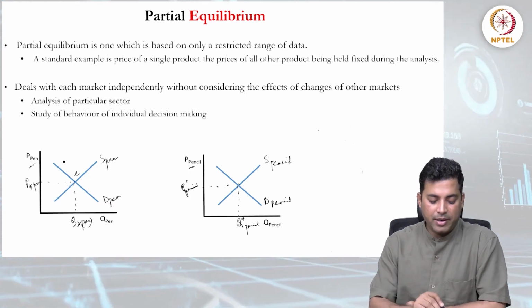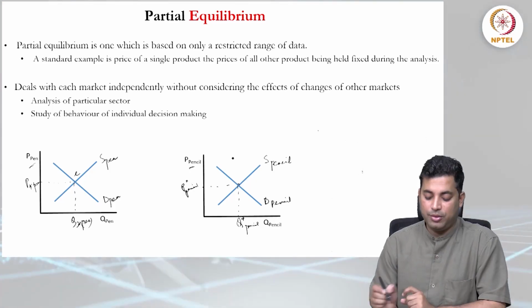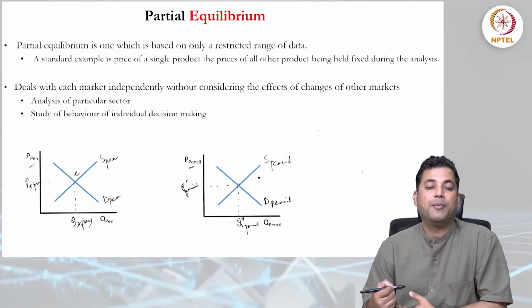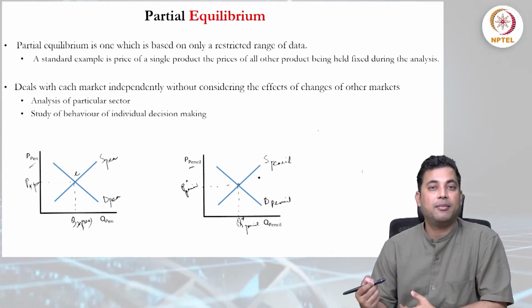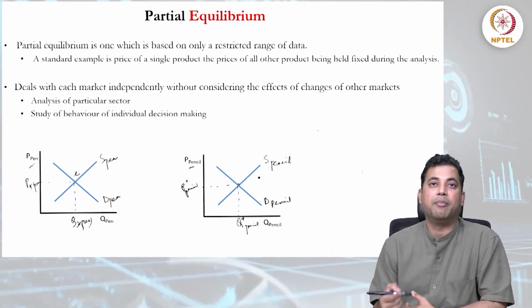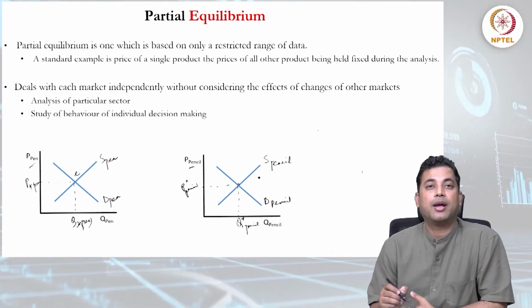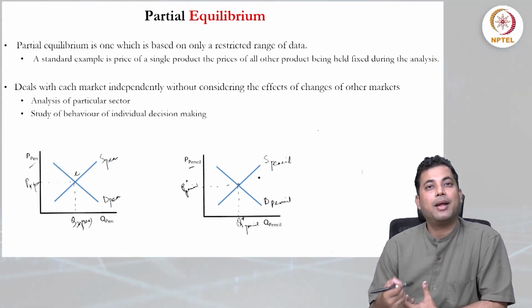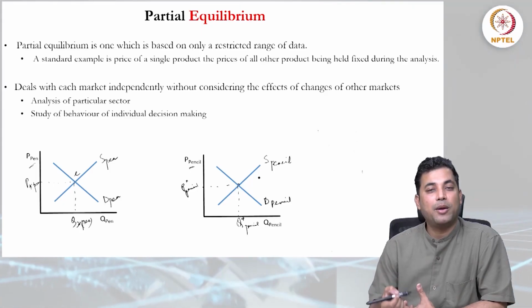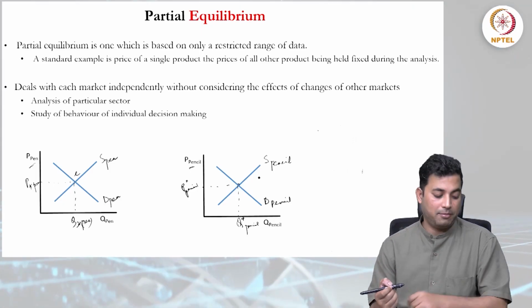So although pen and pencil will be dealt with differently at the market, these two are independent. One can call this partial equilibrium, analyzing one market or one product at a time.